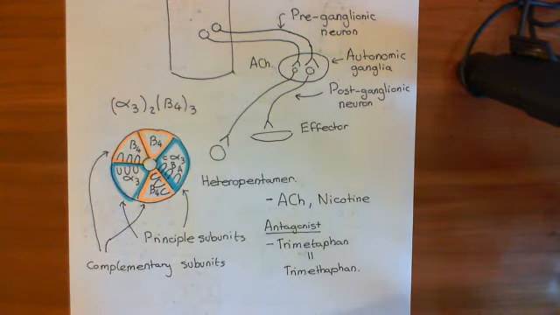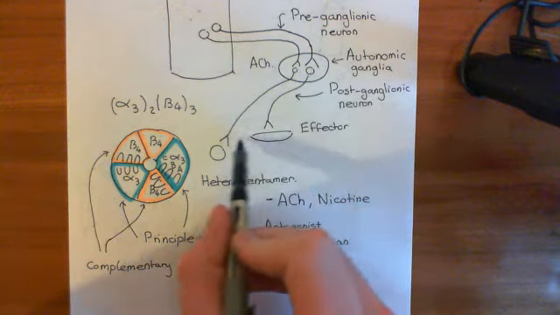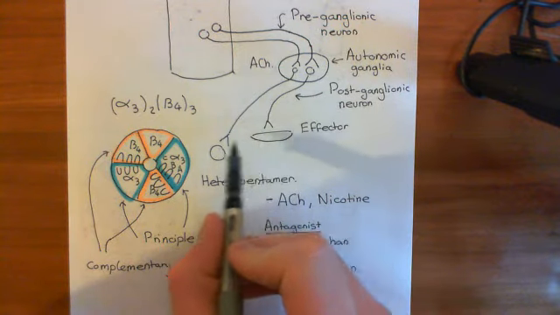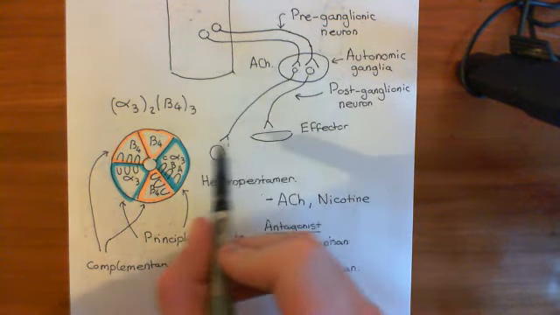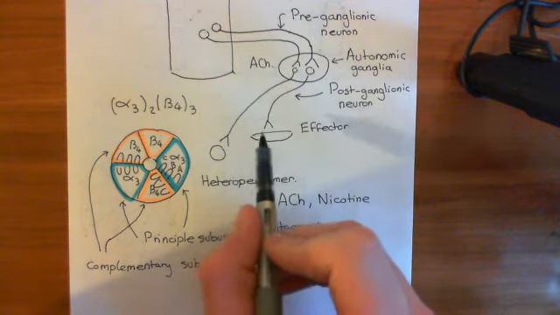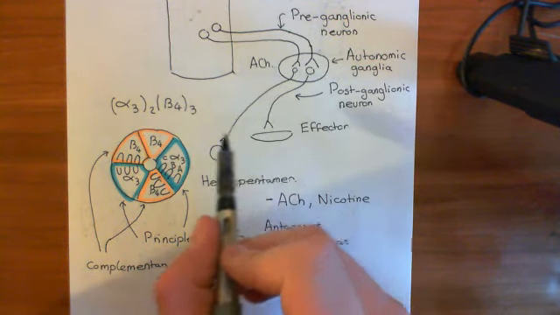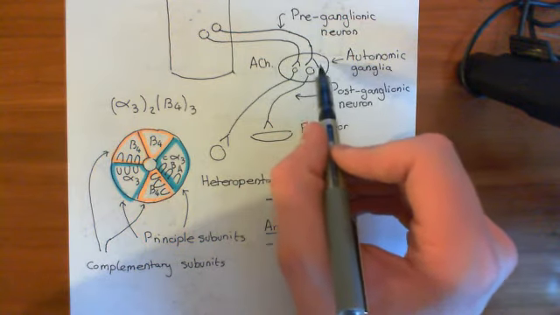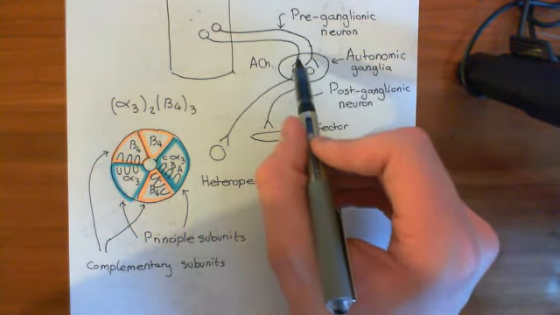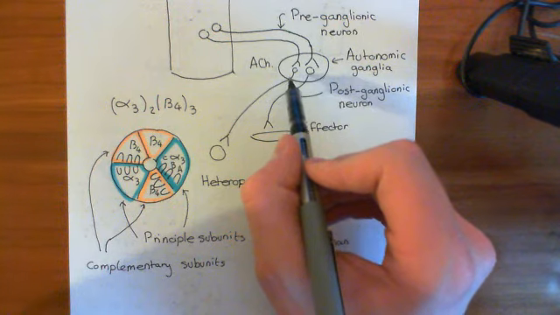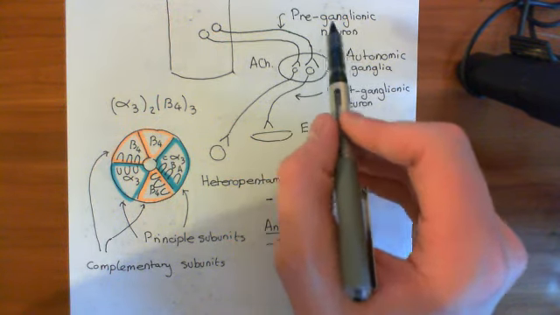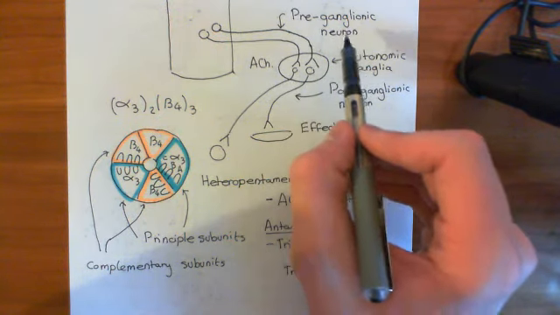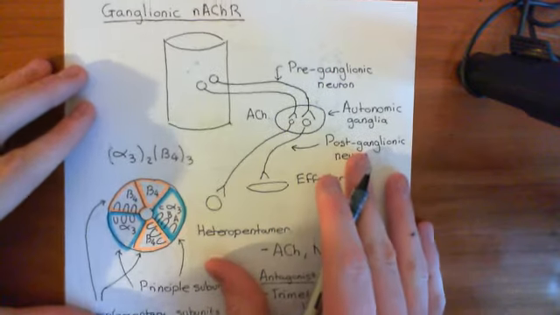I want to stress that even though the neurotransmitters that the postganglionic neurons release are very different in the case of the sympathetic and the parasympathetic nervous system, the neurotransmitter that is released from the pre-ganglionic neuron onto the post-ganglionic neuron is the same whether this pre-ganglionic neuron is a sympathetic neuron or a parasympathetic neuron.